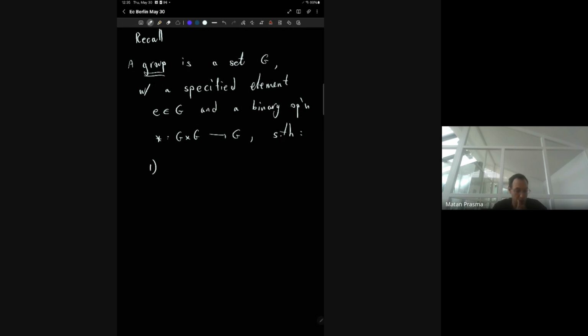first, we want the specified element e to be neutral with respect to the binary operation. So for any x in G, e star x is equal to e to x and is also equal to x star e.